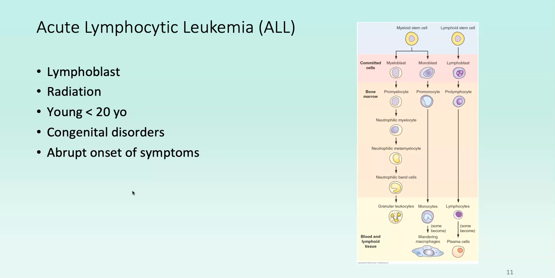90% of ALL patients have structural changes at the chromosomal level, leading to changes in the cell developmental process. The changes occur to the precursor B or T lymphocytes called lymphoblasts.